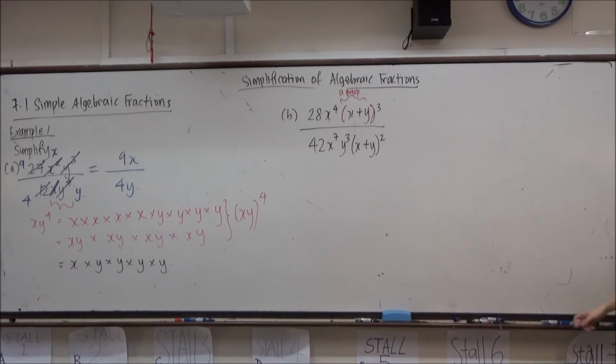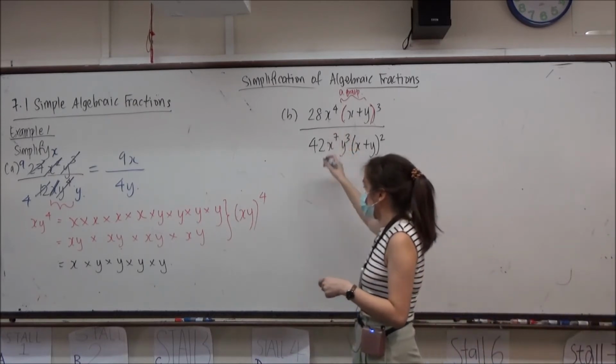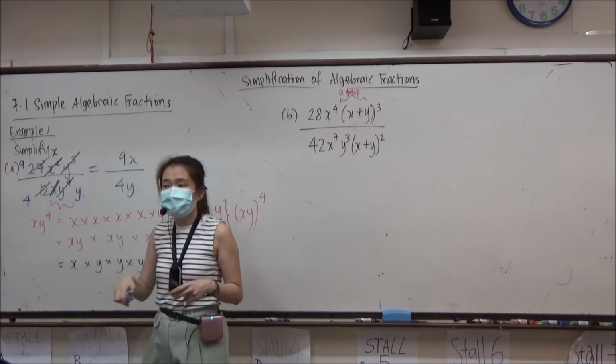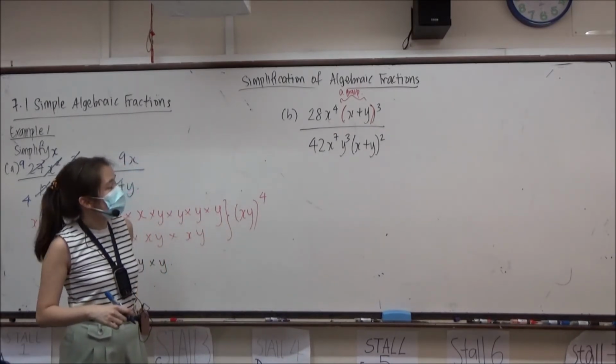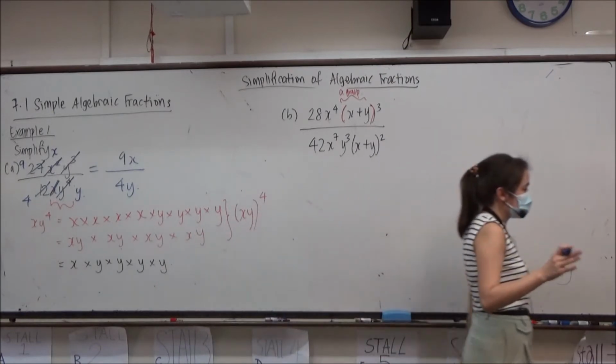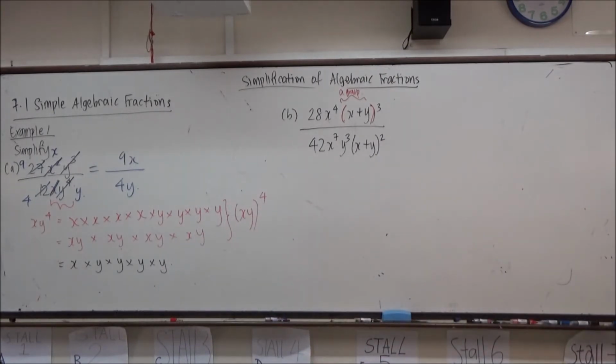So how we go about cancelling? Okay, 28 over 42. Alright, what does that simplify to? 1. 28 over 42, what does it simplify to? Yes, I hear a number just now. Can press calculator. Okay, what do you get? 28 over 42.